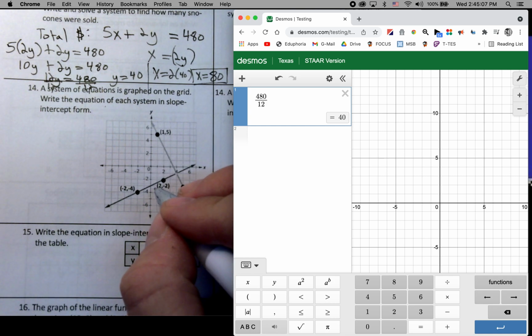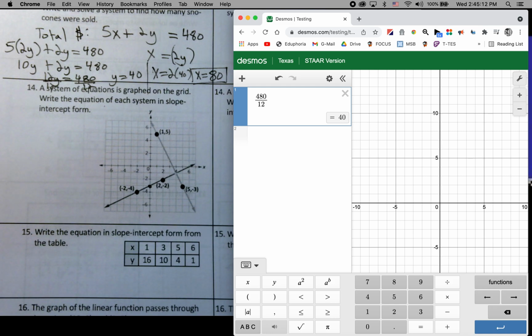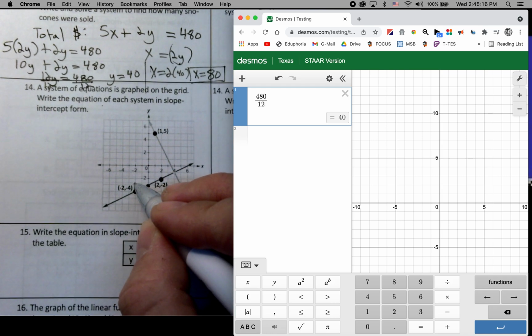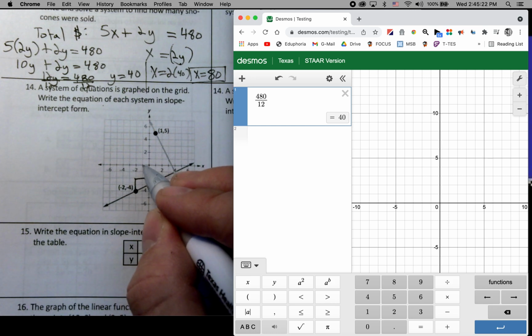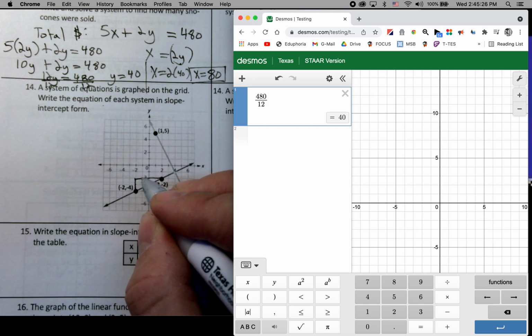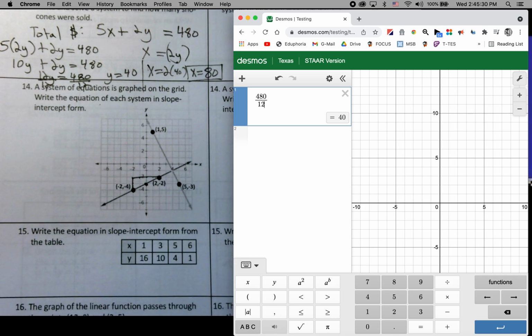Okay. So the y-intercept, it looks like is 3, or negative 3, excuse me. And then it's going up and then over. The scale is by 1, so it's going up 1, 2, and then right 1, 2, 3, 4. So up 2, right 4.